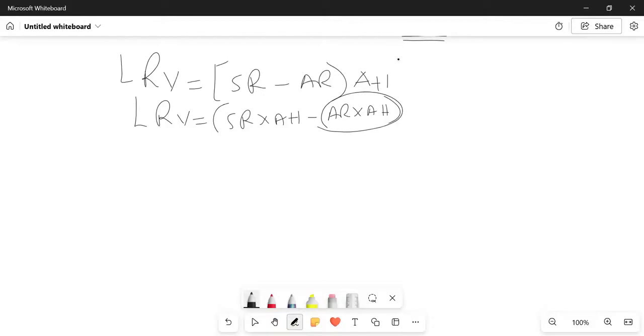So labor rate variance equals SR times AH minus actual labor cost.